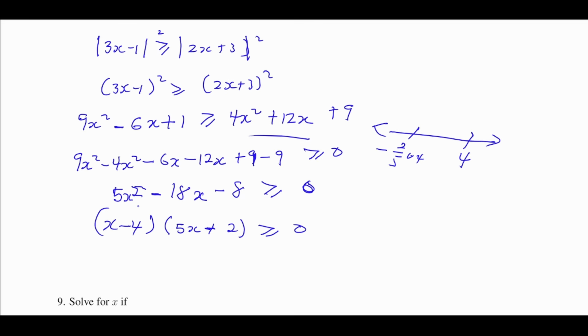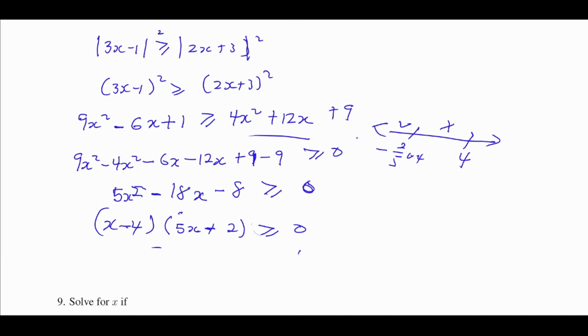When I multiply negative by negative, I'll get positive, and so automatically this side will be greater than 0, and so this side holds. Then I'll put 0. If I put 0 here, I have negative 4, and then multiplying by positive 2, I'm going to get a negative number, which will not make this inequality true. So this part will not work.